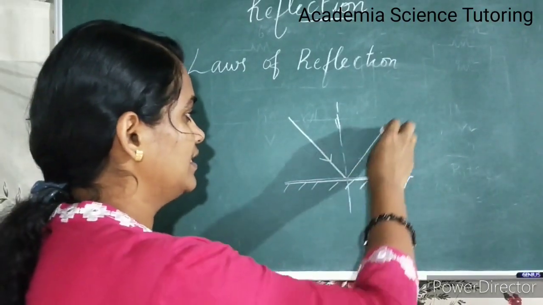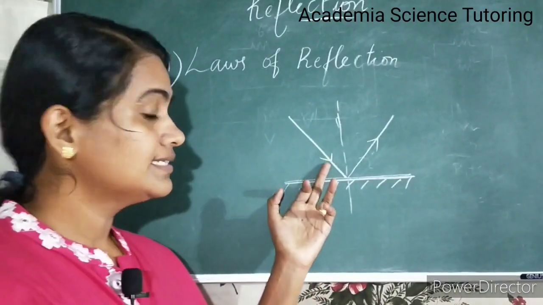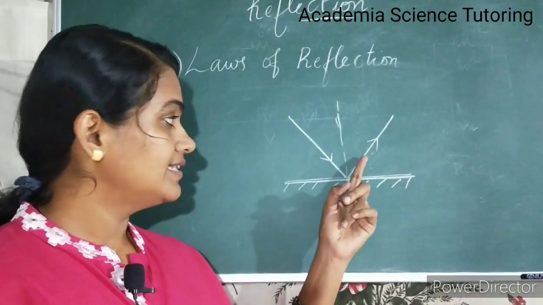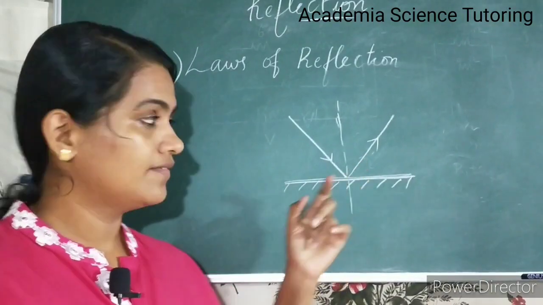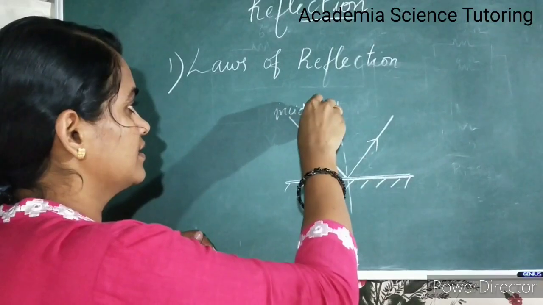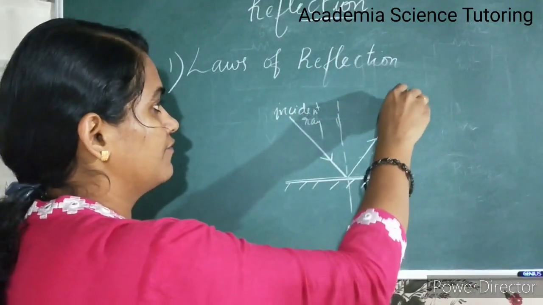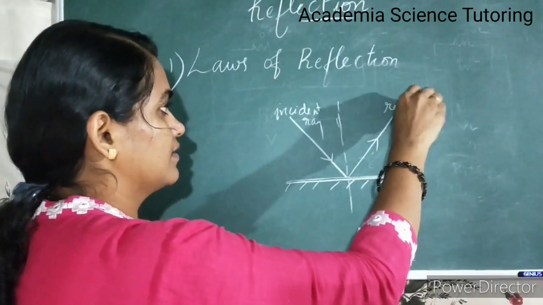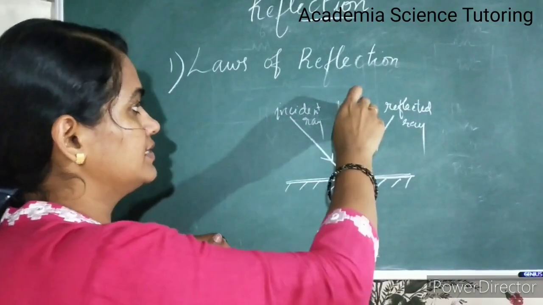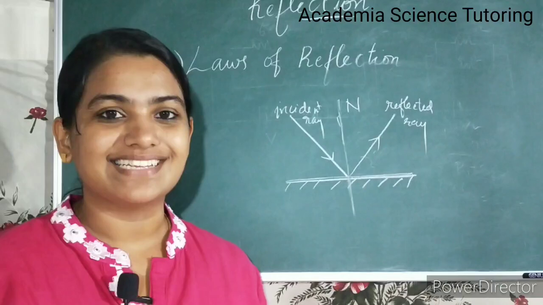So this is the incident ray and this is the reflected ray, and this is the normal to the point of incidence.